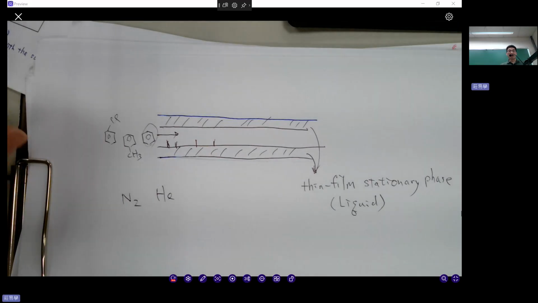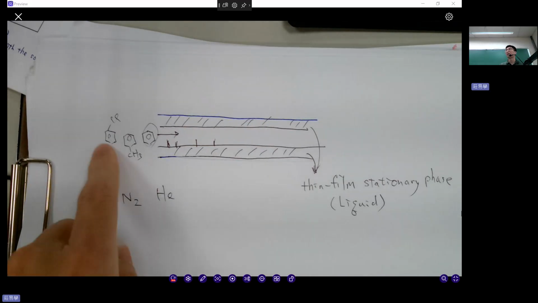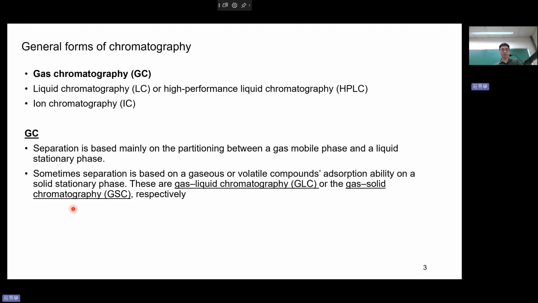The reason we use nitrogen or helium is that we expect little interaction or reaction between the gas and the compound. If you used a reactive gas like nitrogen oxide, which reacts with your compound, then it wouldn't make any sense.